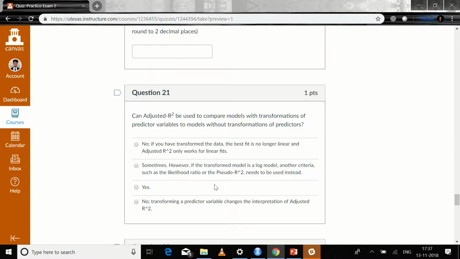Okay, so remember, the models should be of the same scale.